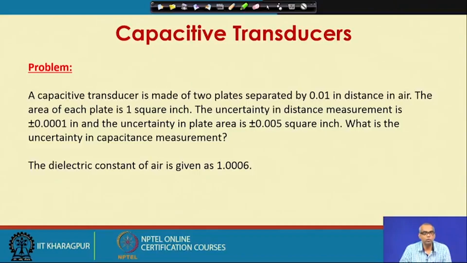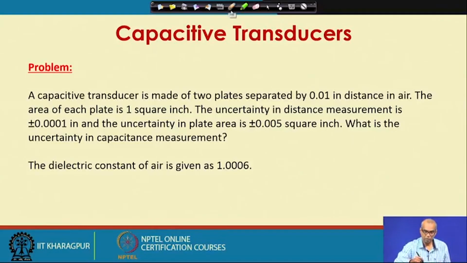Now, we have to calculate the uncertainty in the measurement of the capacitance. So, you have to apply the computation of overall accuracy when the component uncertainties are known. This is what we discussed a few lectures back.